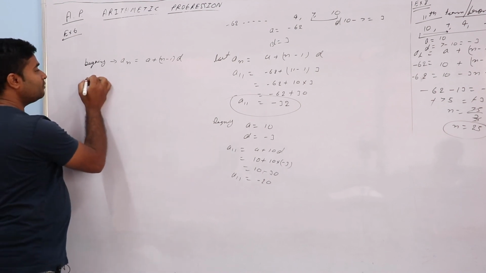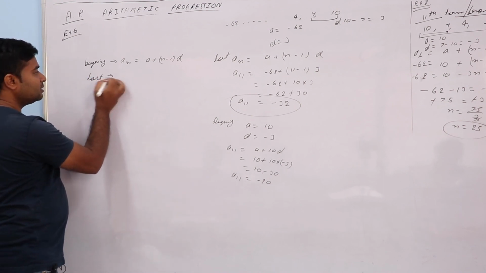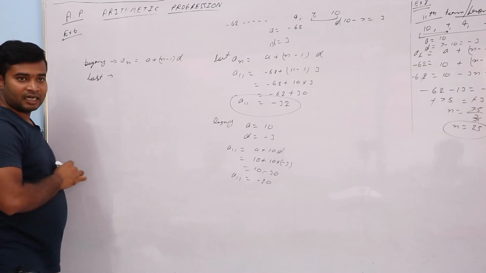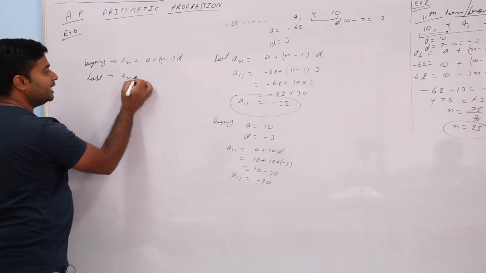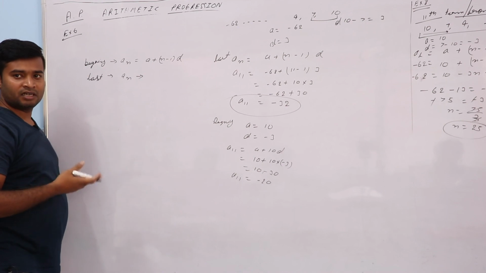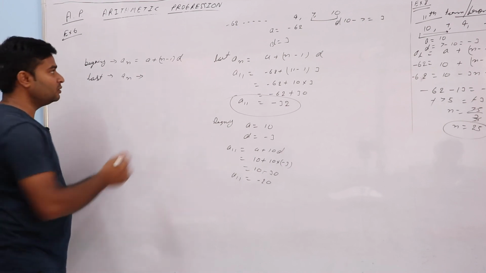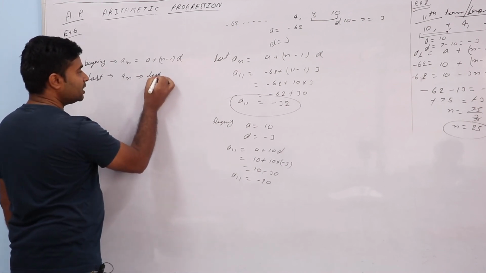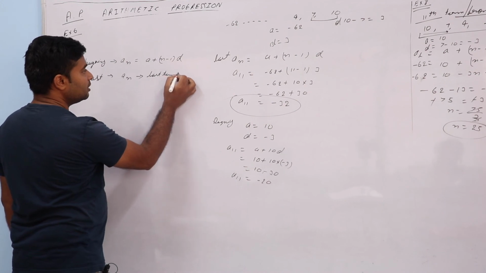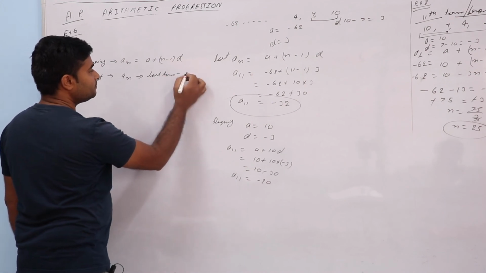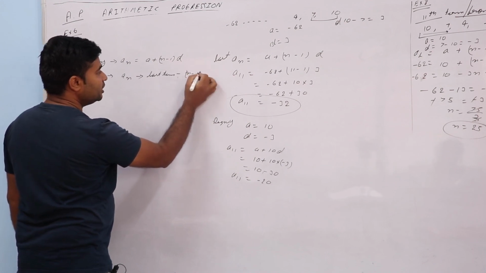But if you need to find the nth term from the last, meaning the 11th term, 12th term, 13th term, then what we will do? Last term minus (n minus 1) into d.